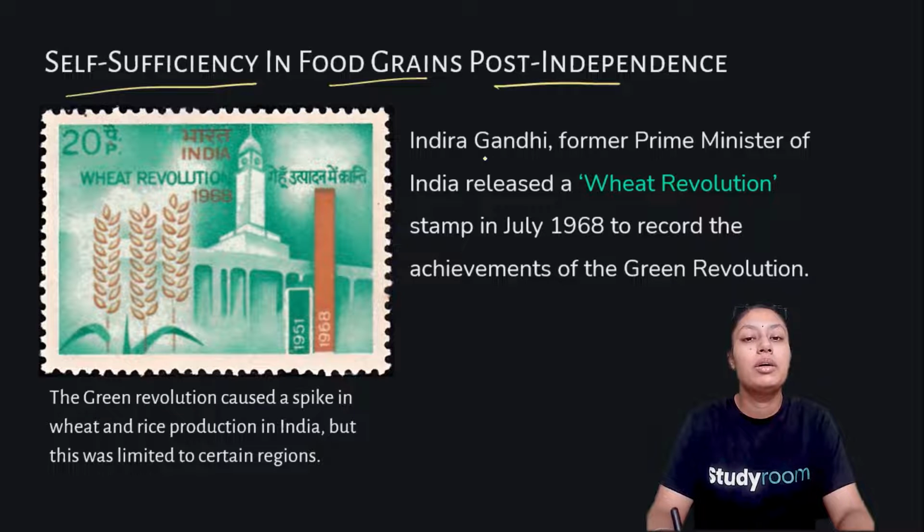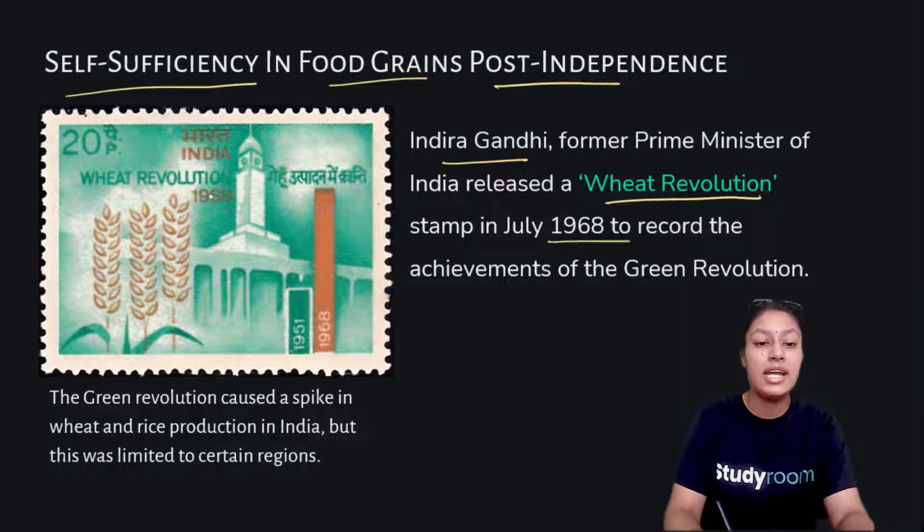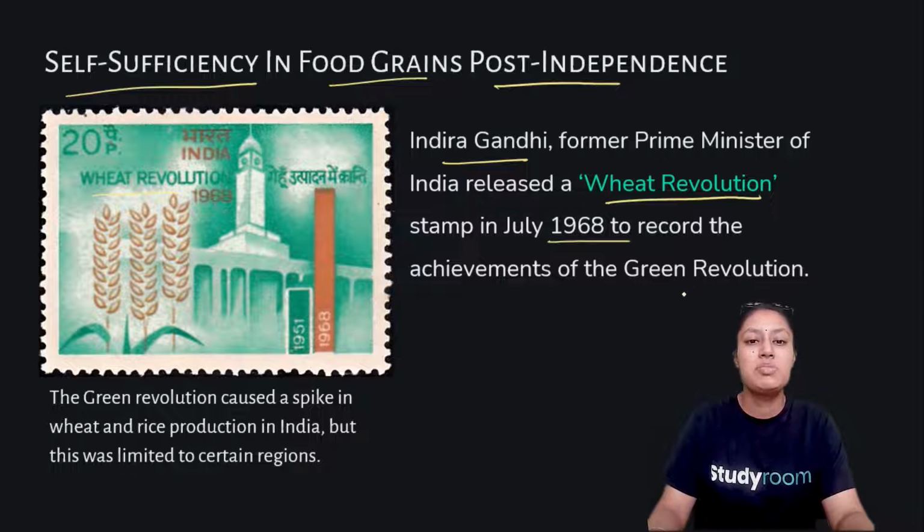Our former Prime Minister Indira Gandhi released a wheat revolution stamp in 1968, and this was the stamp we're talking about. As we can see, wheat here, so it denotes the wheat revolution. Basically this was made to record the achievement of the green revolution.